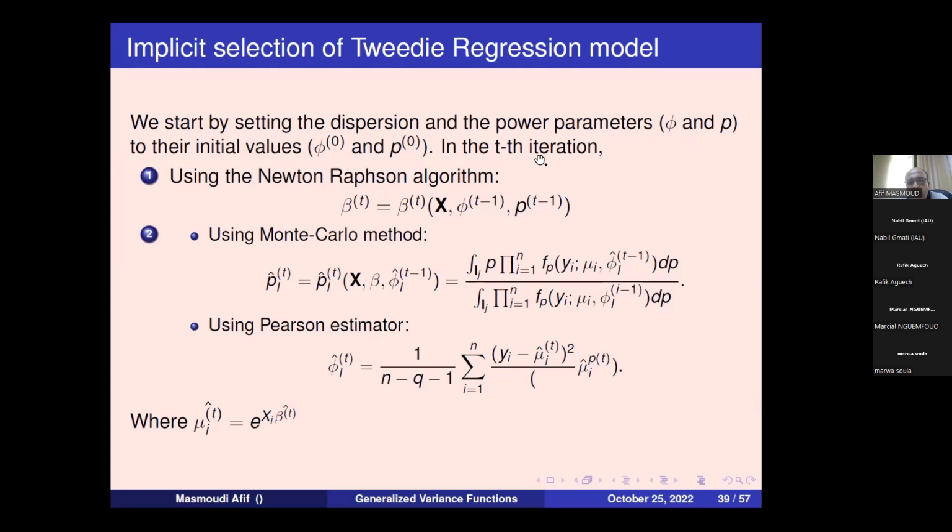In the t-th iteration, we calculate beta, and using the Monte Carlo method, we calculate P, and finally we calculate the Pearson estimator of phi.